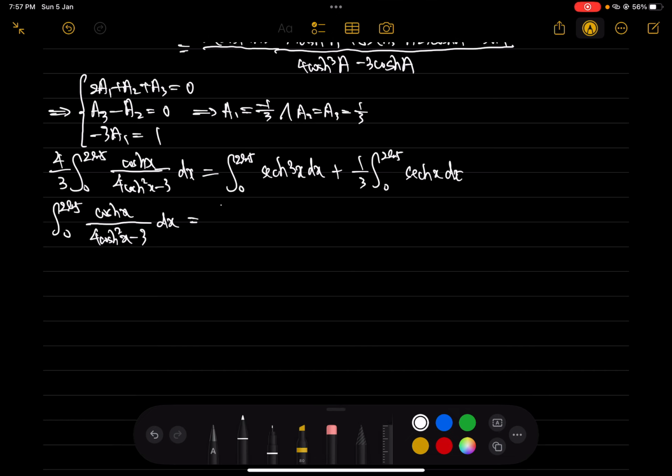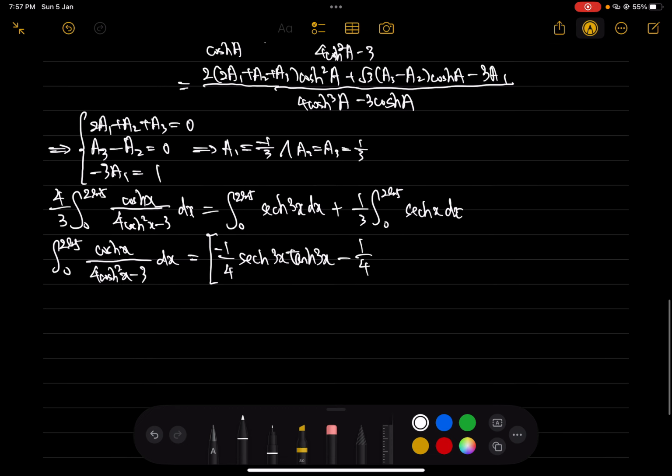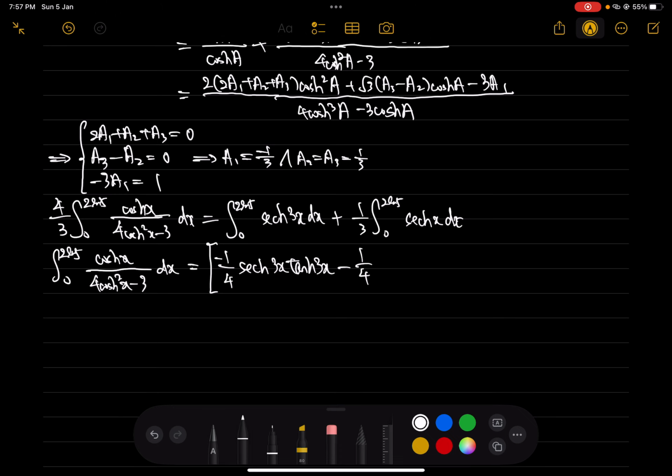So that should be 3 over 4, 1 over 3, so that's 1 over 4, negative, minus 1 over 3, 3 over 4, so 1 over 4. Yeah, okay, cool. I didn't do that wrong.